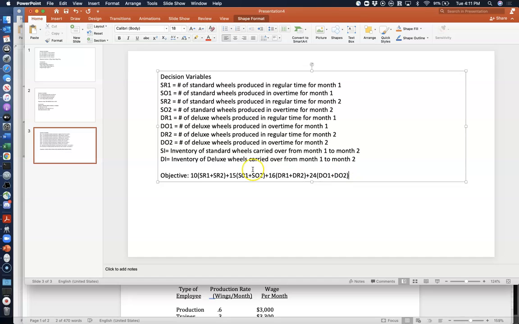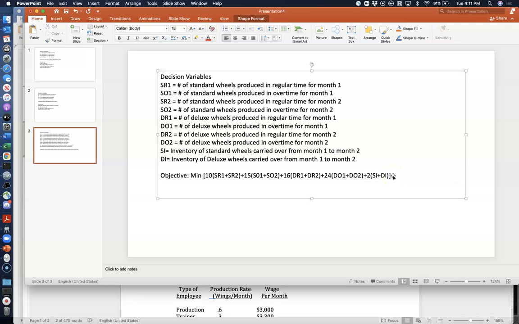So these are the total number of wheels made. This is the cost of manufacturing those wheels, plus $2 times the total inventory that is carried over, which is SI plus DI. Right? So that's the total cost, and you want to minimize this total cost. And that's the objective. So cost of manufacture, cost of inventory carryover.